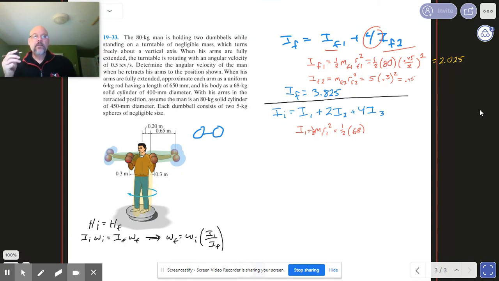It's different than above because we're going to count his arms separately. Above, we counted his arms as part of his torso. R1 here is the radius of his torso, which they tell us is 0.4 as a diameter, so we divide that by 2. Once we do that, we get 1.36.